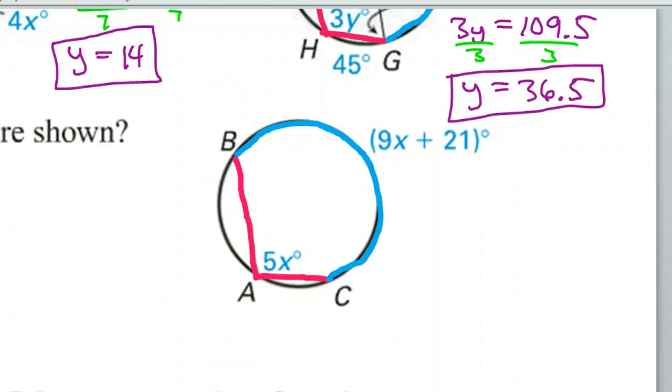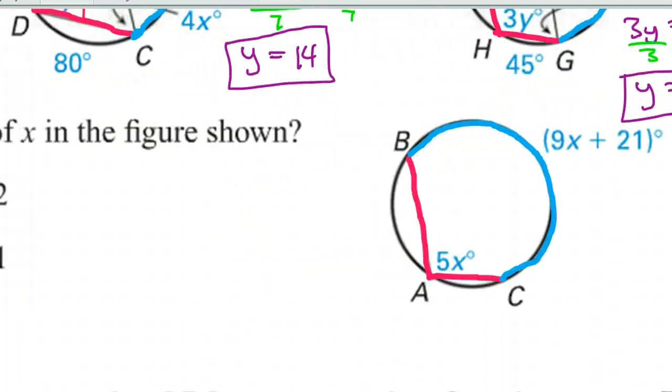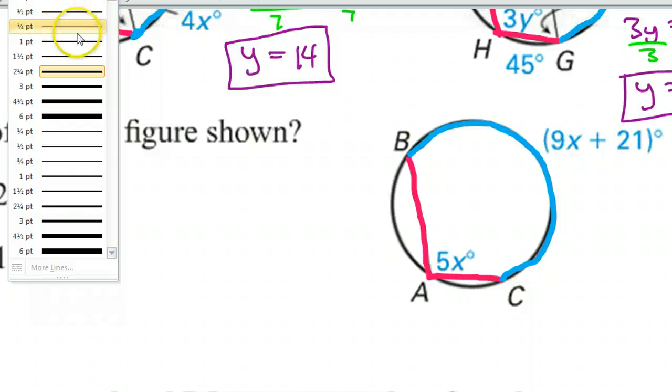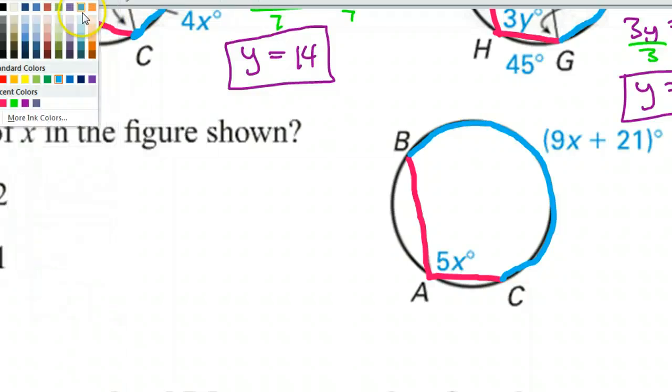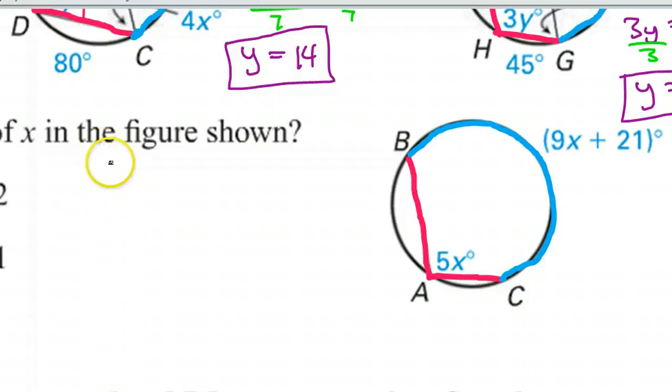Well, there's two ways you can look at it. Alright, I'm going to put it in words off to the side over here. One way you can look at it is you can say the arc is going to be double the angle.